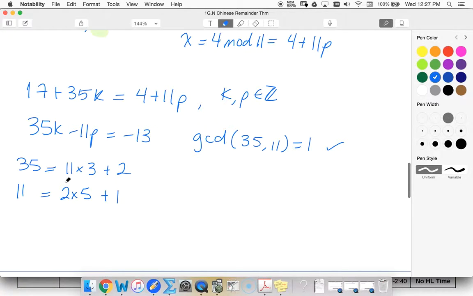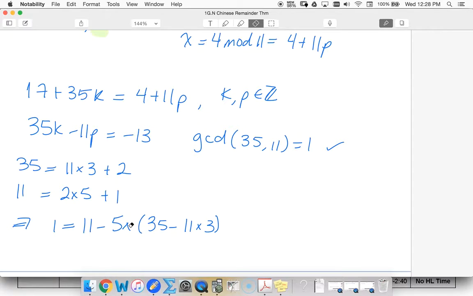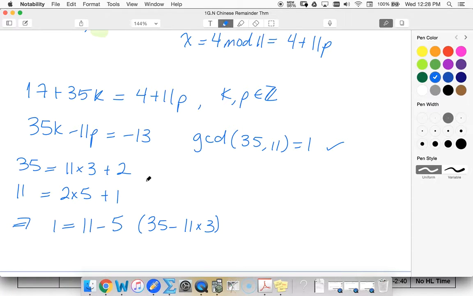So straight from here, this leads me to say that 1 is 11 minus 2 times 5. Instead of 2, I'm going to use this: my 2 is equal to 35 minus 11 times 3. And this is a multiplication symbol here.